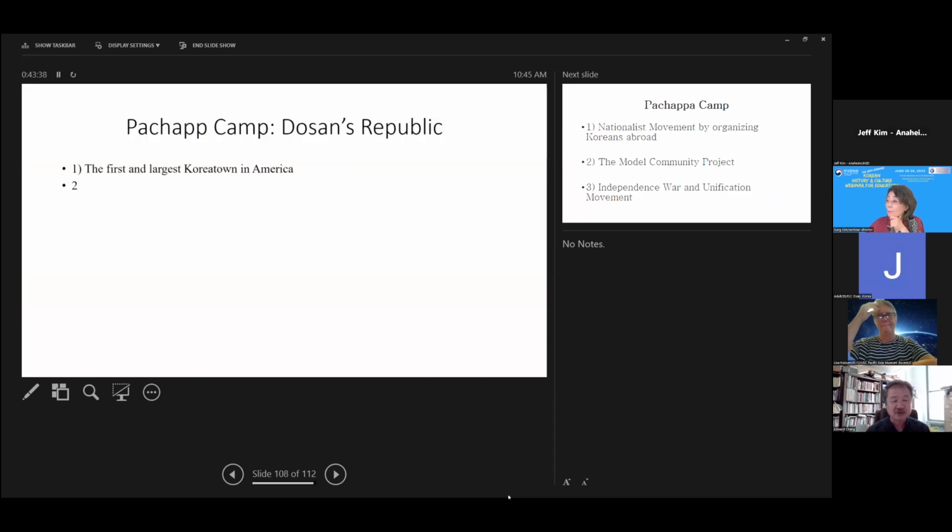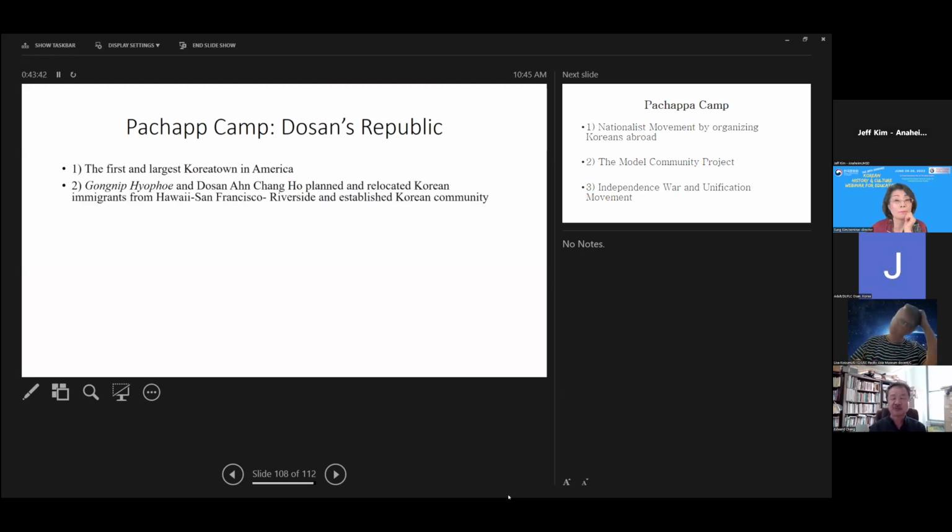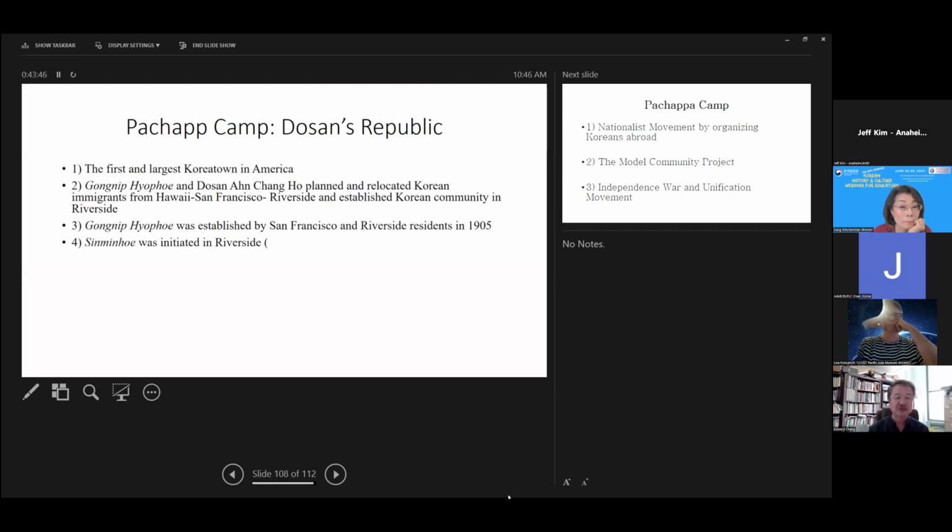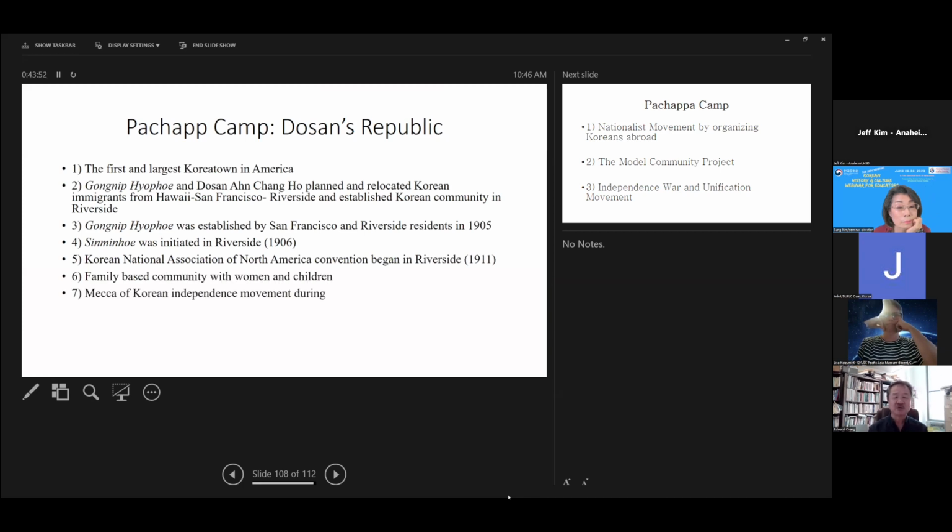exhibition. So in conclusion, Pachappa camp, Dosan's Republic, is the first and largest Koreatown in the United States at the time. And the Cooperative Association and Dosan Ahn Chang-ho carefully devised a plan to relocate Korean immigrants from Hawaii to San Francisco to Riverside and established a Korean community in the early 1900s.